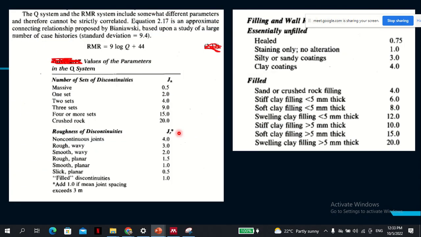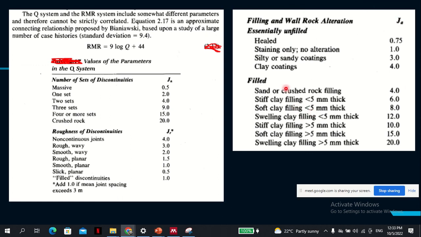And this is also for the JN, the number of joints, the roughness of discontinuities, and the JA. These are JA values, and the conditions for which you will decide which values to apply, up to 20. And this is also how to convert one system into another, the RMR system into the Q system.